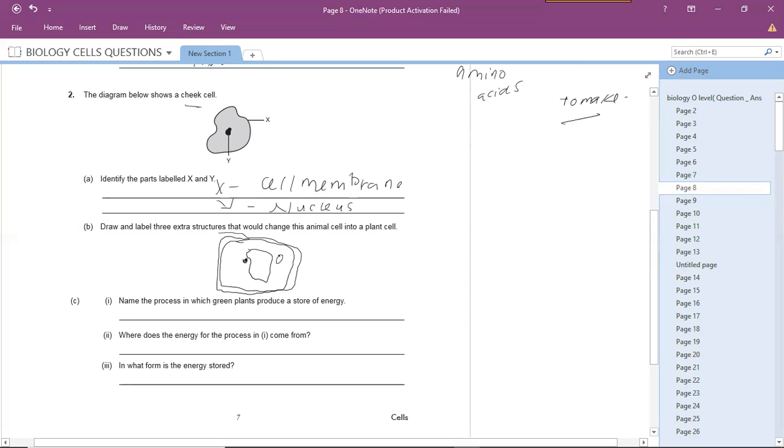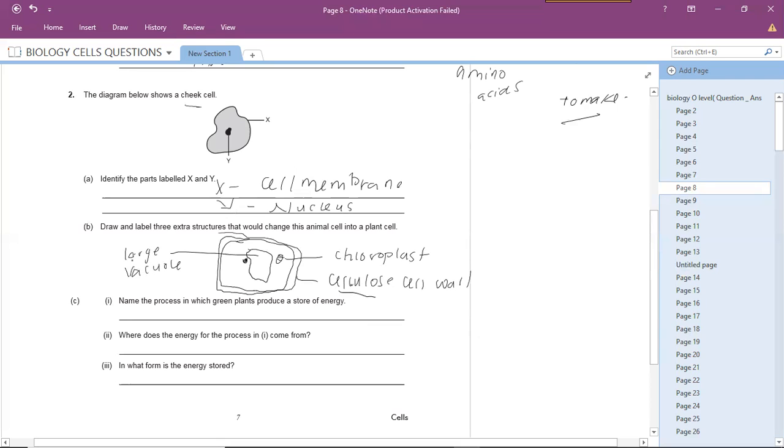We're going to indicate it with 3 lines. So I'm going to say chloroplast, a cellulose cell wall. You can say cell wall, but this part is just to make the person marking you feel nice. Then here you can say a large vacuole.